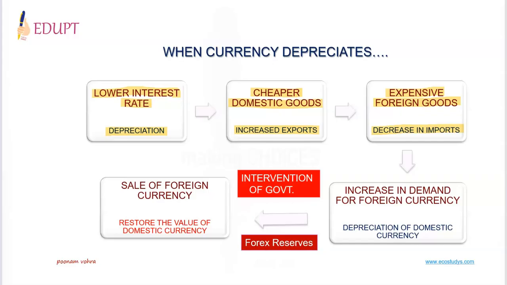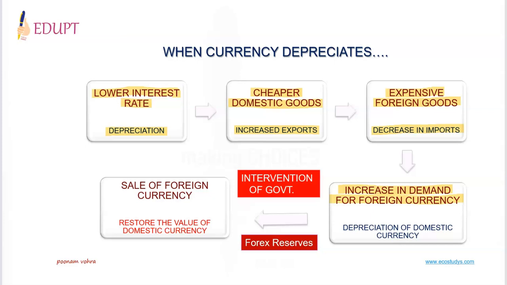Falling value of rupee or rising value of foreign currency, import bill of the government mounts up, resulting in high current account deficit. So there will be an increase in demand for foreign currency.